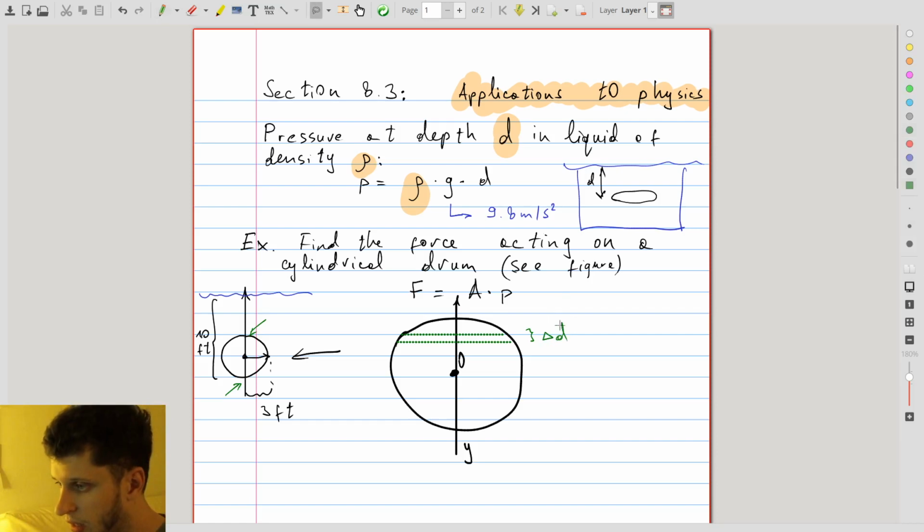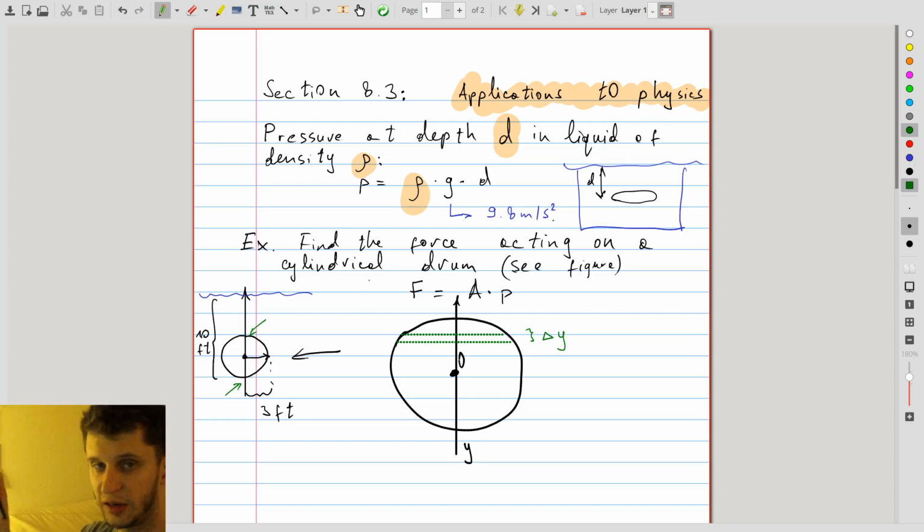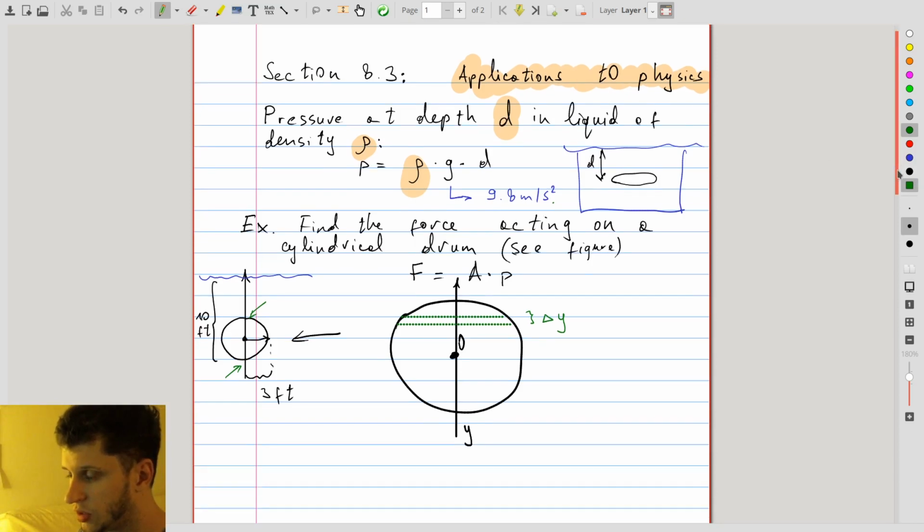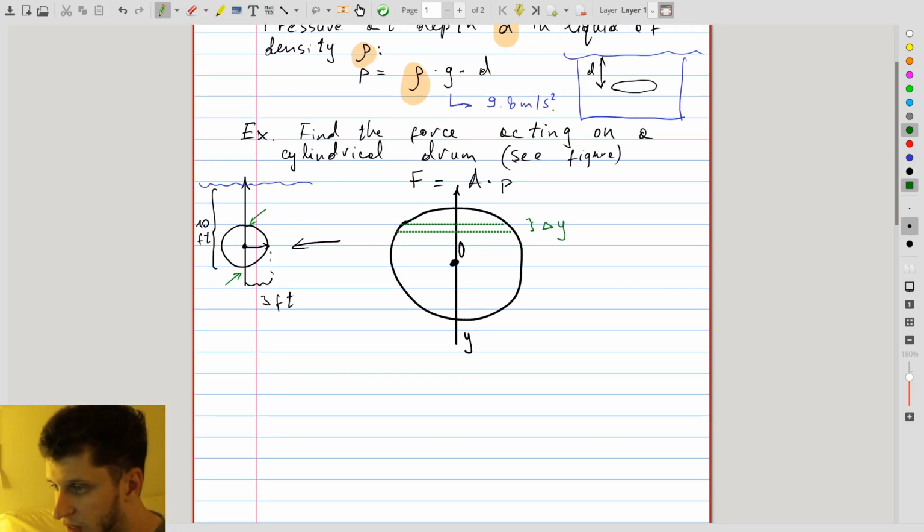This is the change of depth, or equivalently the change in y. So on this thin strip, depth is approximately constant, and so I can compute force that acts on this single horizontal strip. Okay, so what do I do with it next?